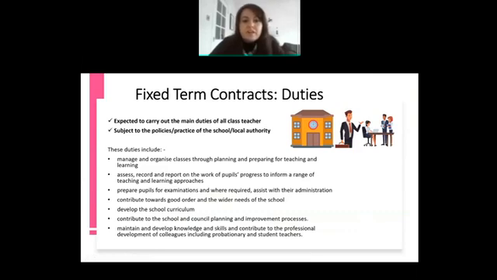Those engaged on fixed-term contracts are expected to carry out the main duties of all class teachers, as denoted by the SNCT, and subject to the policies and practices of the school or local authority.